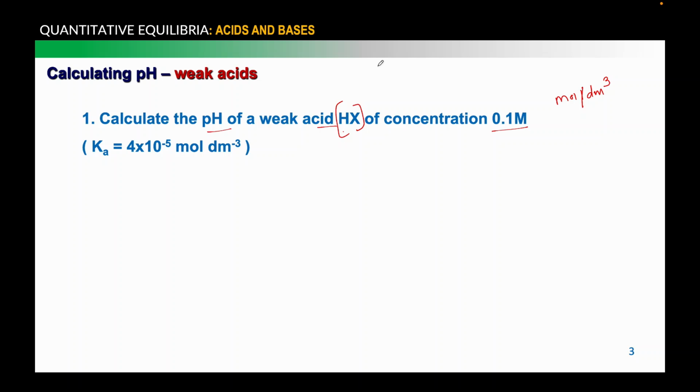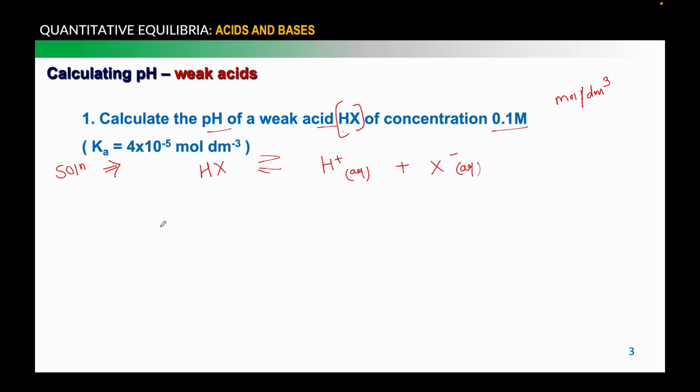Now as we have already derived formula, but shortly I will tell you here how to derive. For this you should know how to dissociate acid. This is weak acid but dissociates partially, so it will be HX giving H plus aqueous plus X minus aqueous.